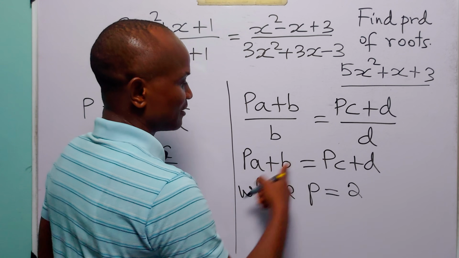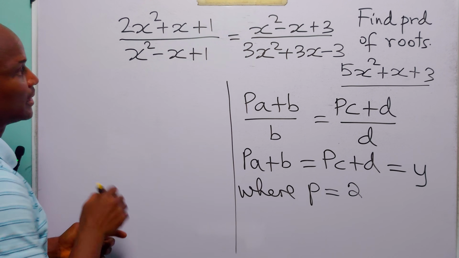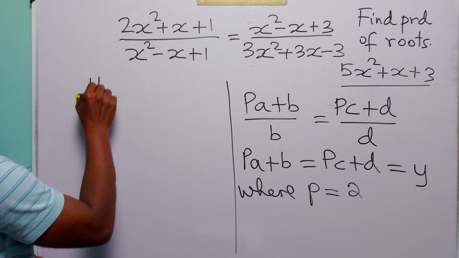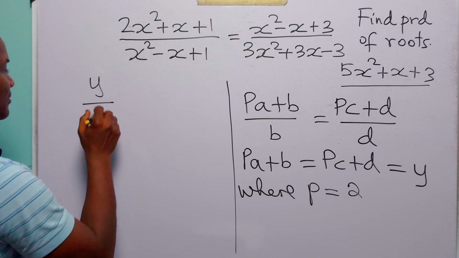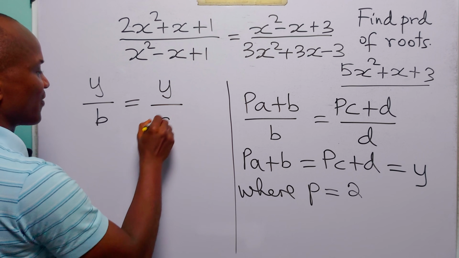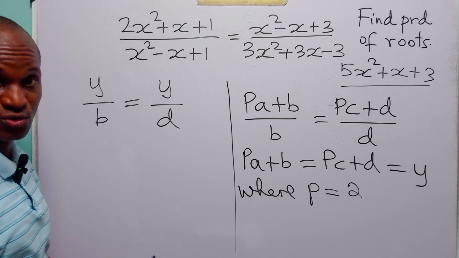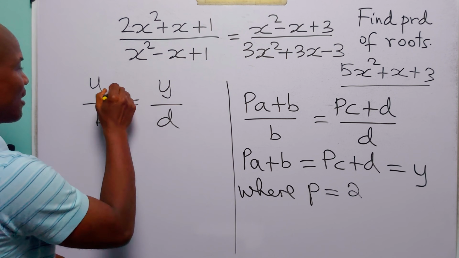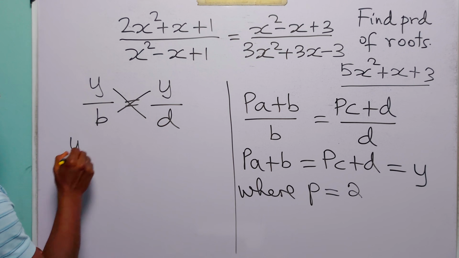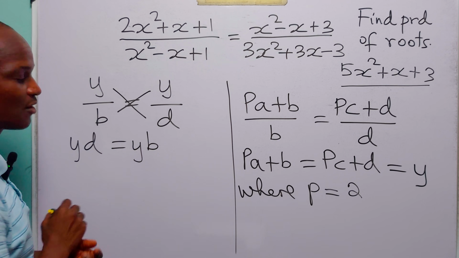Now let this be equal to this, equal to Y. That means that we can now write this relationship as Y over B is equal to Y over D. Now this equation is much simpler to solve. Of course, we now cross multiply. We have that Y times D is equal to Y times B.